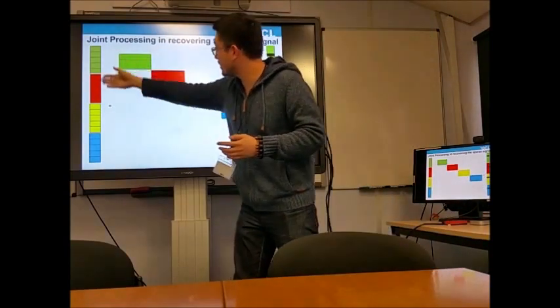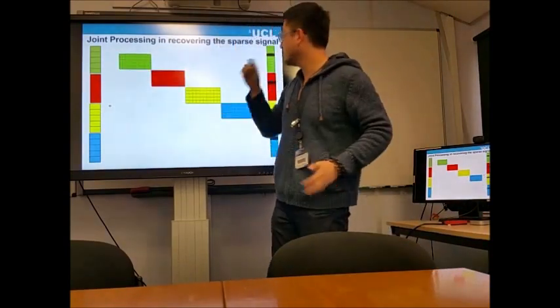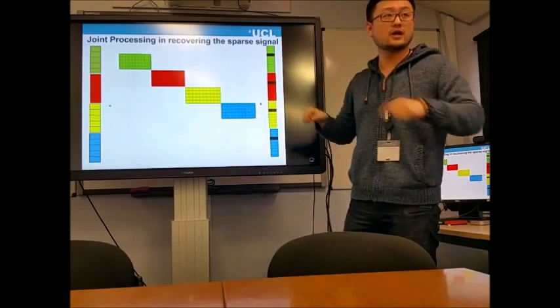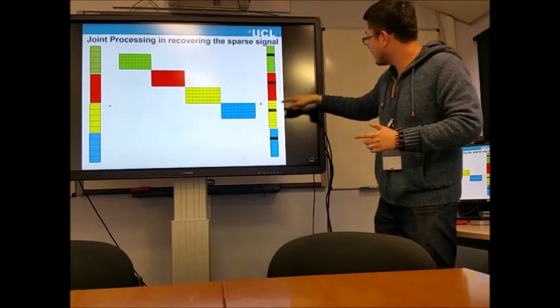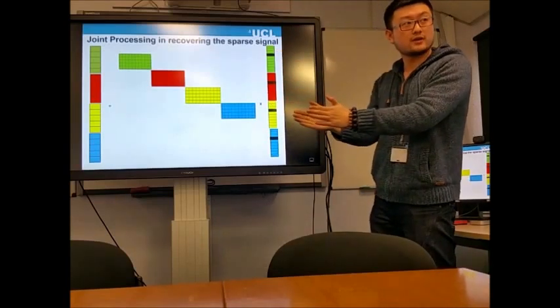And how do we solve this one? We put all the measurement vectors into 1 column, and we put all the dictionaries into a block diagonal matrix. We also put all the X vectors into 1 big vector.